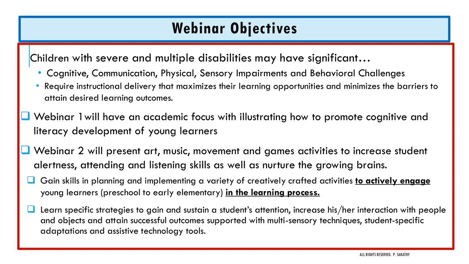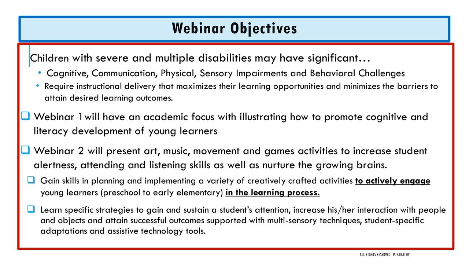Okay, what are we going to be talking about today? Children with severe and multiple disabilities may have significant areas of difficulty in cognition, communication, and physical and sensory impairments, and they may also exhibit some behavioral challenges.